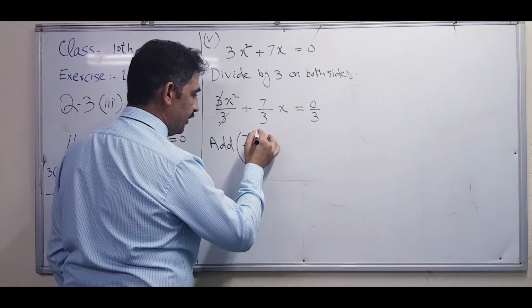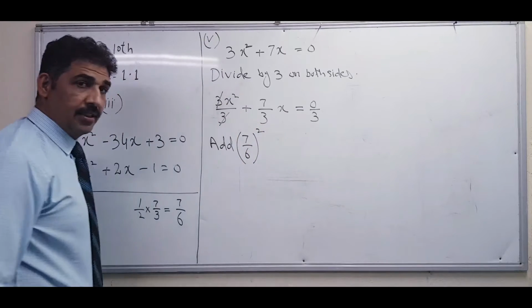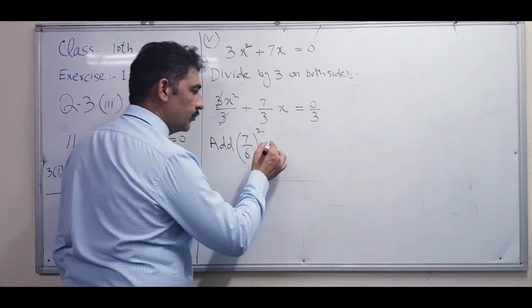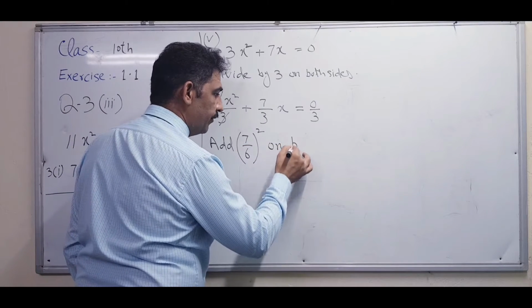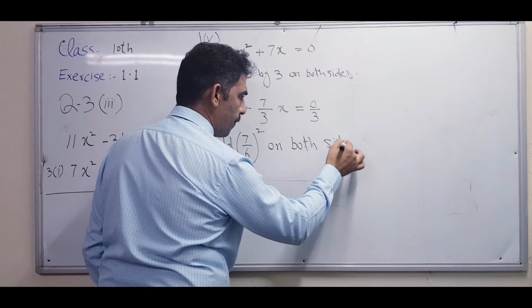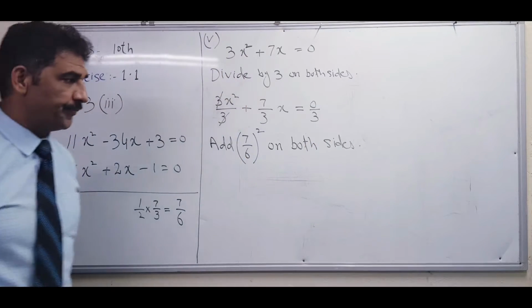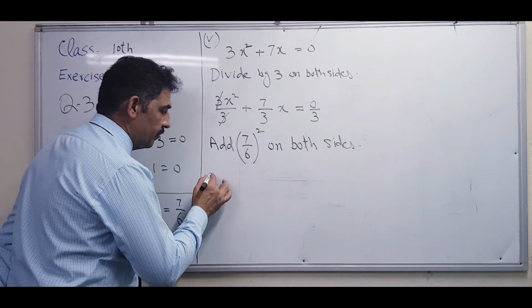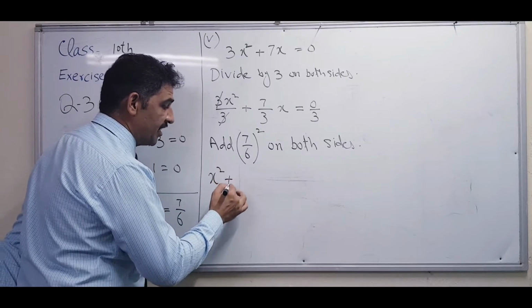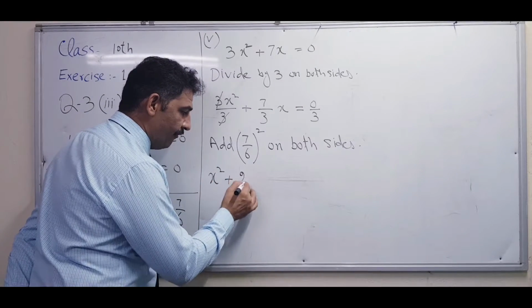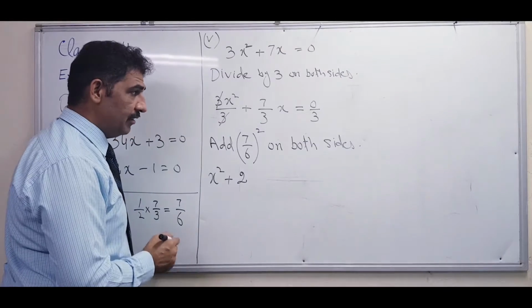Seven over 6, sorry, not x, 7 over 6 whole square on both sides. The first term, as I told you, you have to write in such a way, because we have to make the formula. So write it here 2, right here 2.